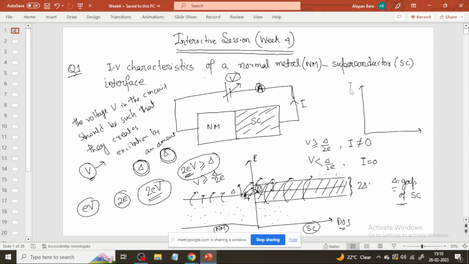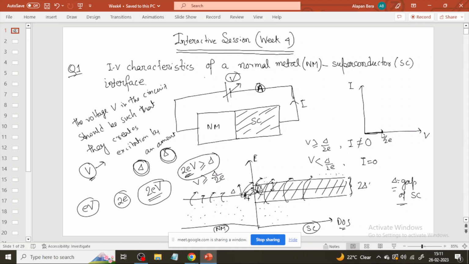Now from here we can see how the IV characteristics would look for this case. Whenever V is less than delta by 2e, there will be no current, so the current will be 0.